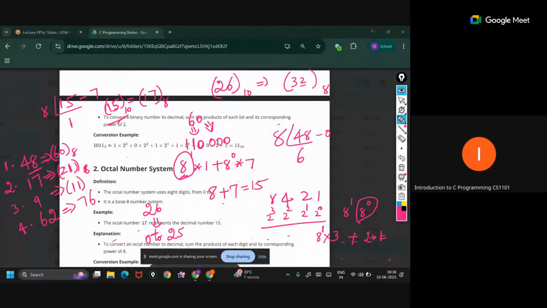Is it clear? Yes, ma'am. This will be the base of 2. If you want to check whether it is giving 48 or not, you can use this method.